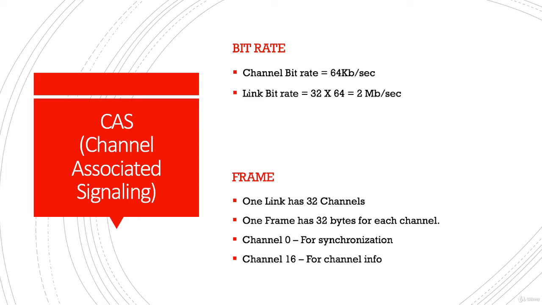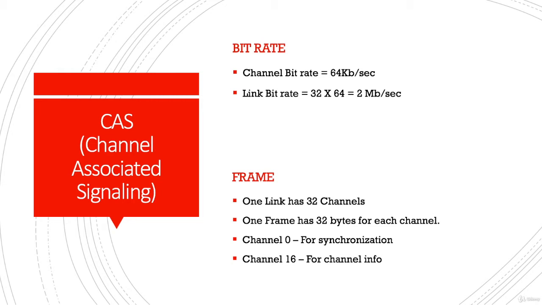So 64 kbps is the minimum possible bandwidth for sending an acceptable quality of audio across the trunk. So since each link has 32 channels, the total bandwidth requirement for each link comes to 2 Mbps. So that's how the 2 Mbps figure comes for channel associated signaling.